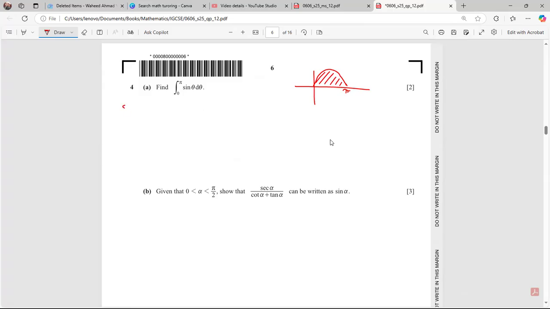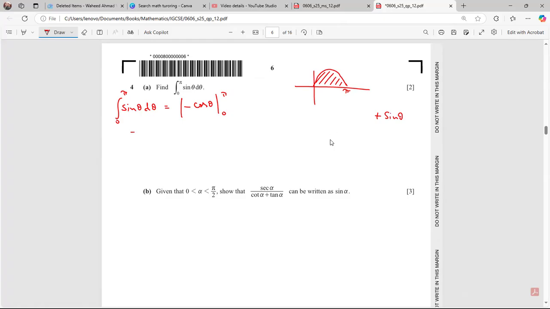So the integral of sine theta from 0 to pi d theta is going to be minus cos theta, from 0 to pi. Because if we differentiate it, the derivative of cos theta is minus sine theta. So this is the answer.